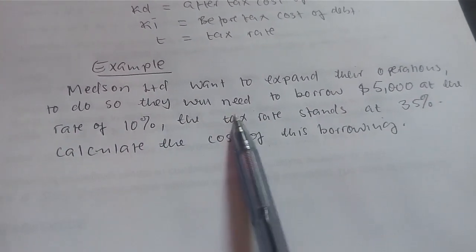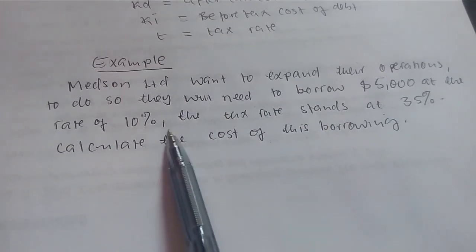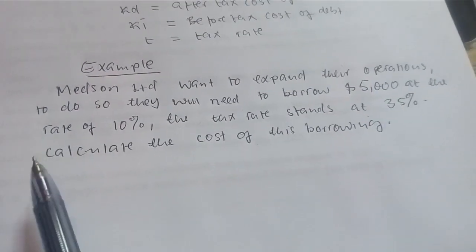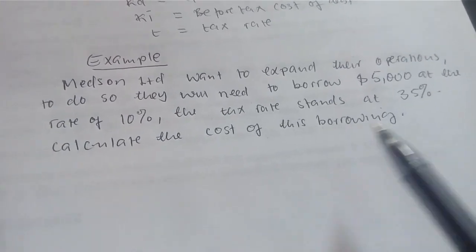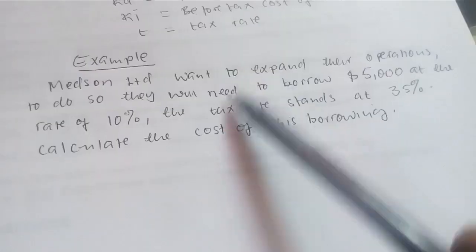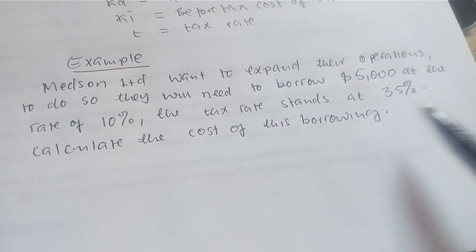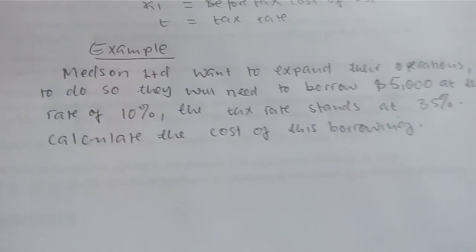To do so, they will need to borrow $5,000 at the rate of 10%. The tax rate stands at 35%. Then we've been asked to calculate the cost of this borrowing. The borrowing involved here can be simply referred to as debt.